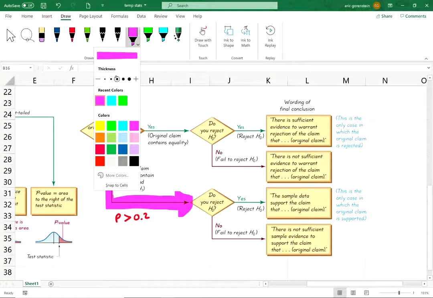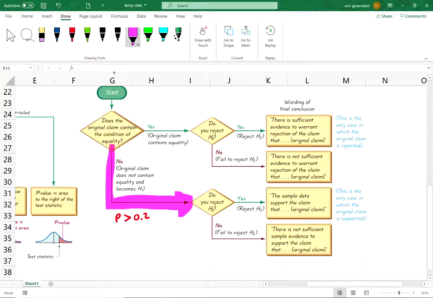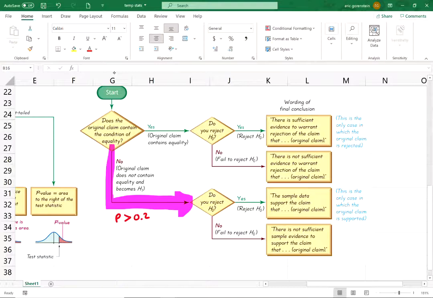Do you reject the null hypothesis, yes or no? No, we failed to reject the null hypothesis. So that puts us down here. So our final conclusion is inconclusive test. There is not sufficient sample evidence to support the claim. And that's the last step in this hypothesis test.